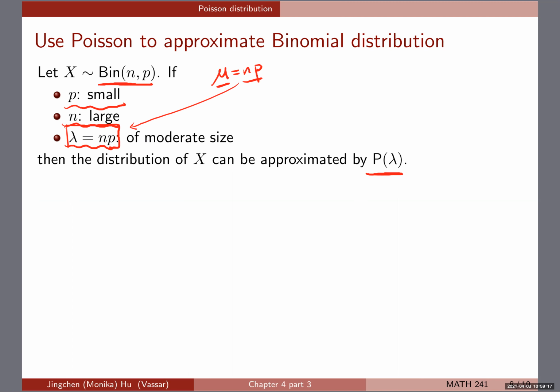That's why we write lambda equals n times p: n times p is the mean of the binomial, and lambda is the mean of the Poisson. So if p is small, n is large, and the mean of the binomial is of moderate size, then we can use a Poisson distribution with the same mean as the binomial to approximate it.